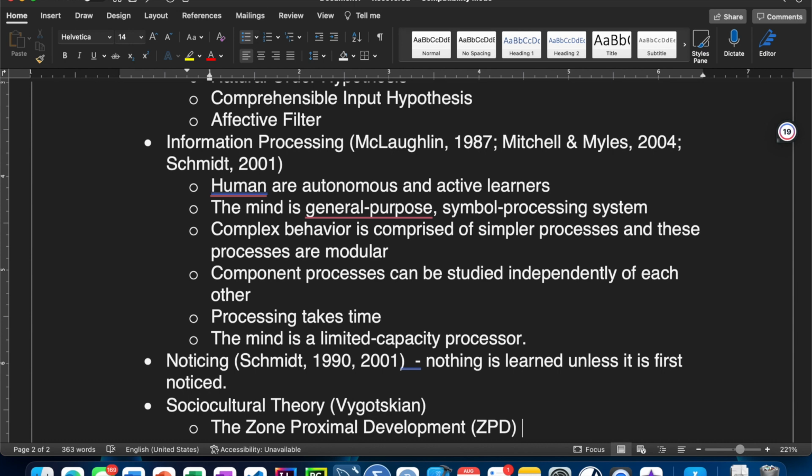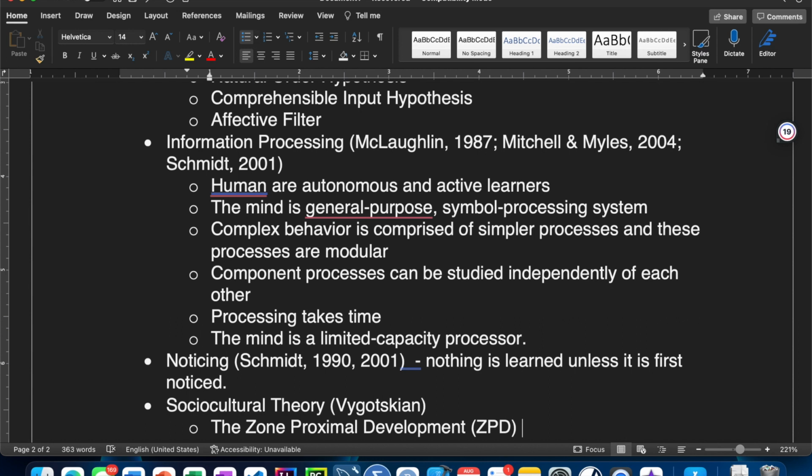So for a Vygotskian sociocultural model, what we're saying is that internalization of learning can only occur when the learner engages with an interlocutor in this zone of proximal development, right? So at that I+1 level where they're receiving input that's slightly beyond their learned and acquired linguistic abilities.